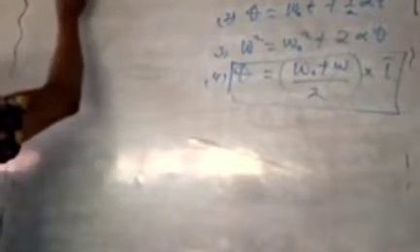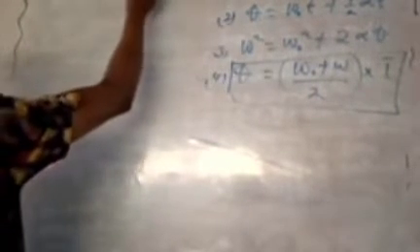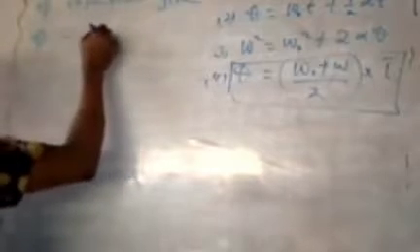So now I'm going to make use of these kinematics to find the time required for the turntable to come to rest. Using the kinematics of rotation, the equation is given by theta equals (W naught plus W) over 2 times T, the time.